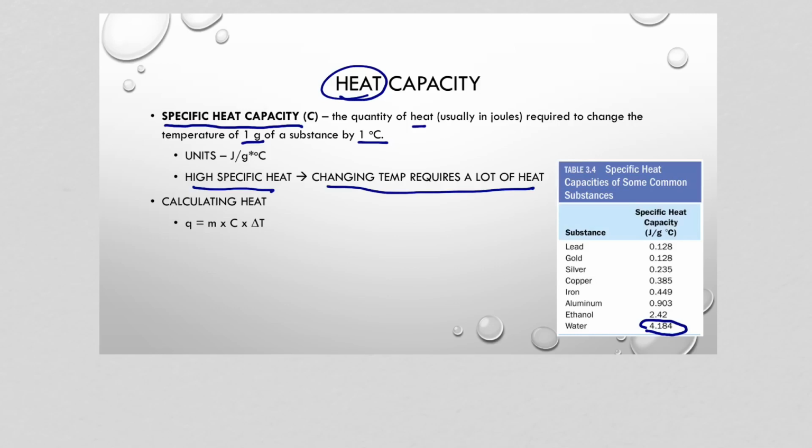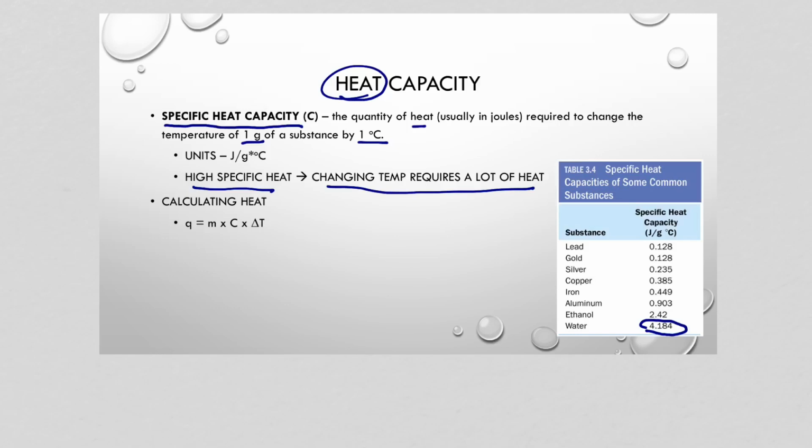This is the reason why when you heat up water on the stove, it seems to take a long time. Because we have to put in a lot of heat. A lot of thermal energy has to move in. We have to transfer a lot of thermal energy in order to raise the temperature. It also takes a long time for water to cool down because we have to lose a lot of thermal energy for that temperature to change.